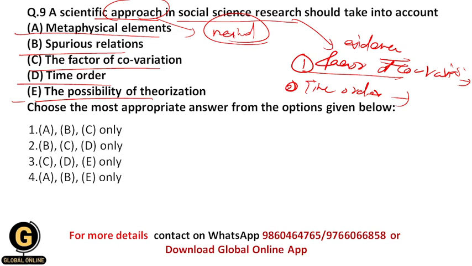So students, the independent variable should come first, before the dependent variable, because the independent variable is the cause and the dependent variable is the effect. All of you getting? And that's why you should take into account the time order. Then the third one is possibility of theorization.